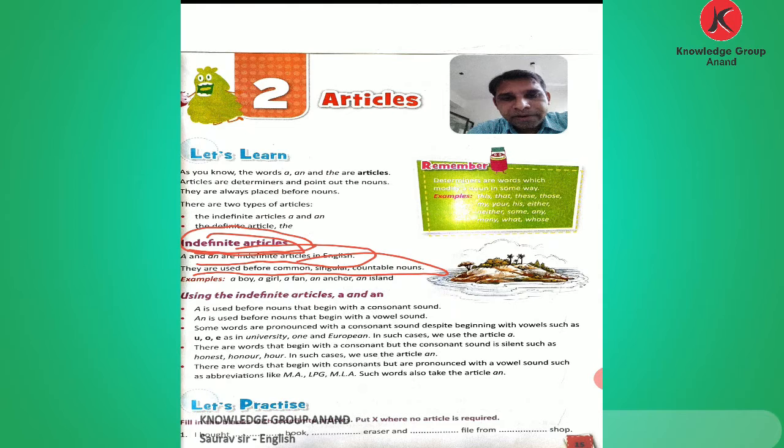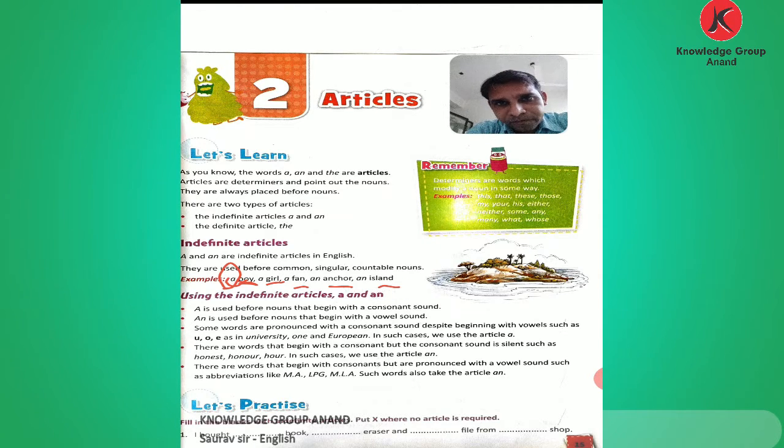Let's see the examples given here. Boy is a common noun, and before it the article a is used. A girl, a fan, an anchor, an island. Here these are countable things.